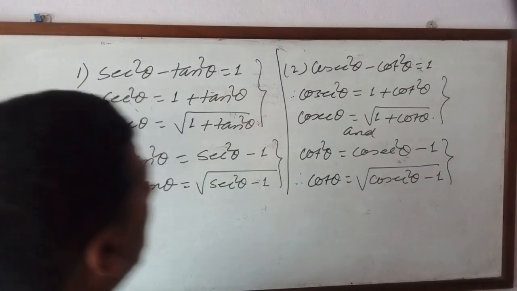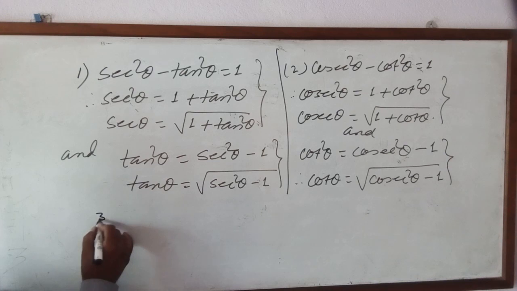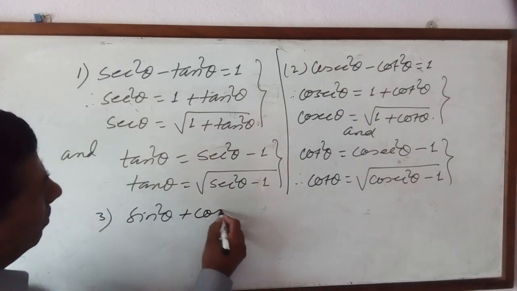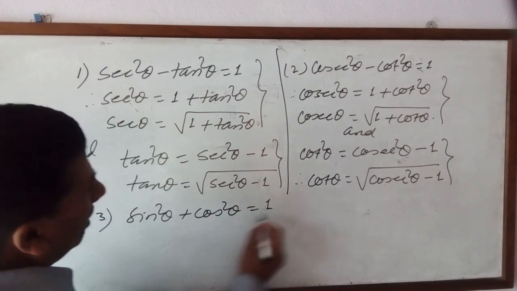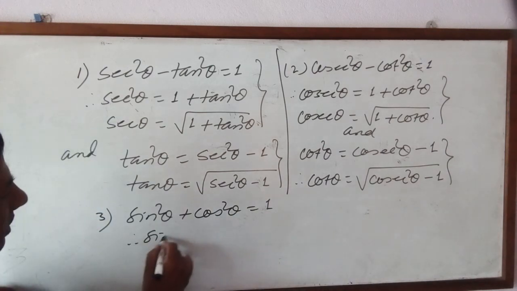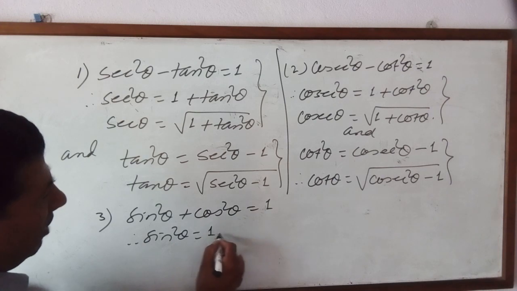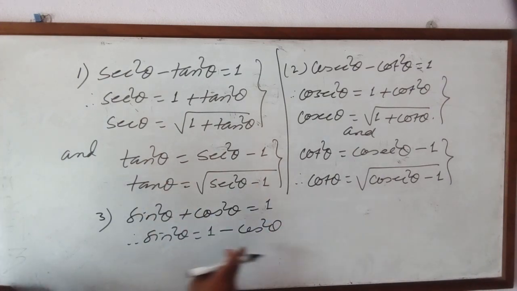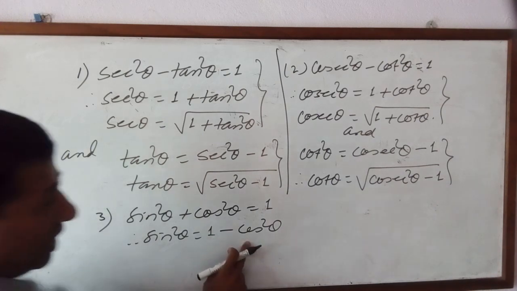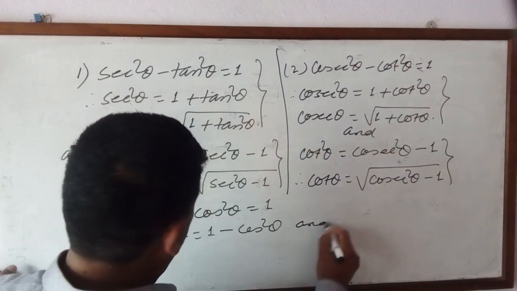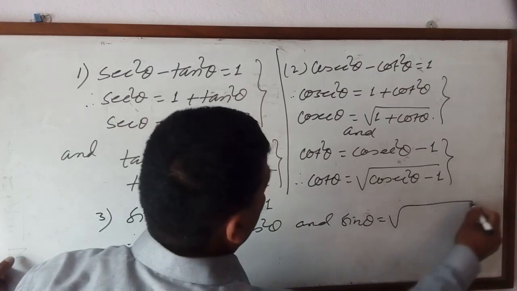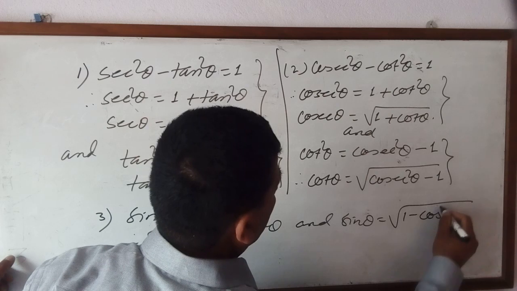Okay. Now last one, number 3, sin square theta plus cos square theta equals 1. From here, sin square theta equals 1 minus cos square theta, and sin theta equals root under 1 minus cos square theta.